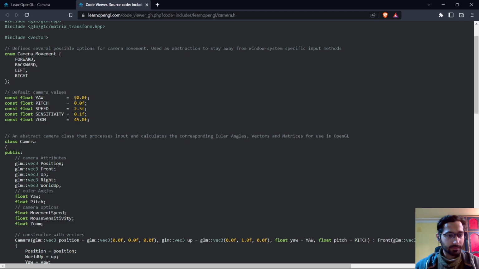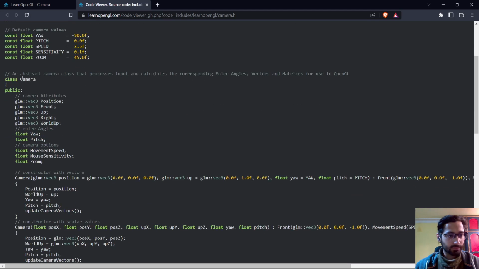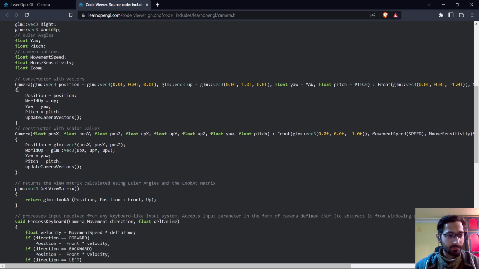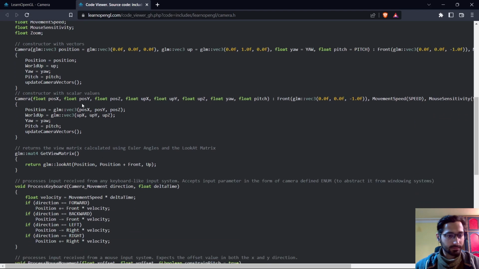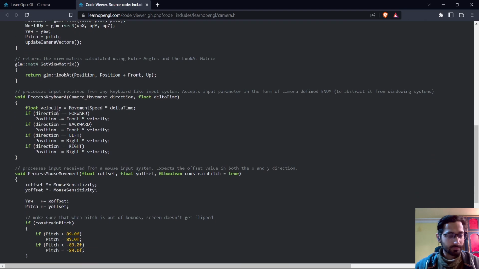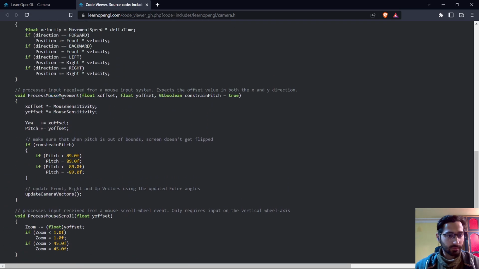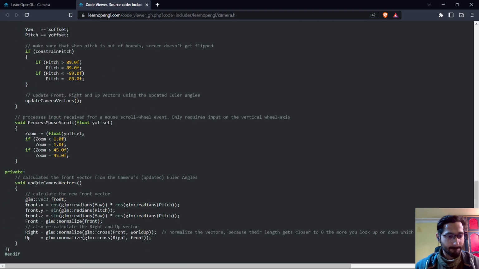Default camera values. Yep, we already have those. So we have the constructor with scalar values. Process mouse scroll. So these are all the callbacks. Update camera vectors. Delete the front vector from the camera's updated all the values.